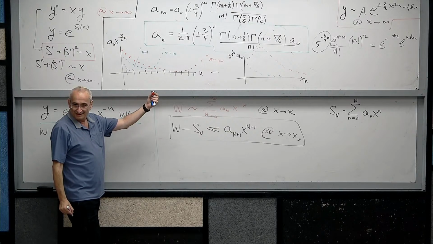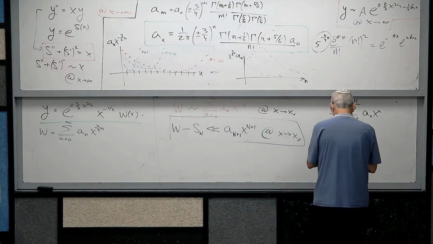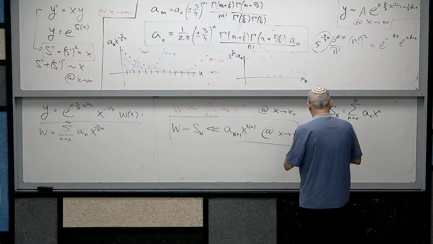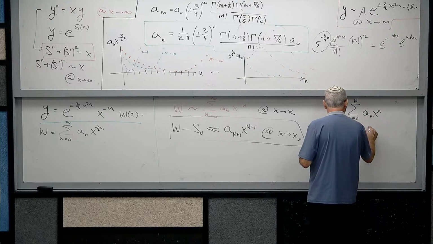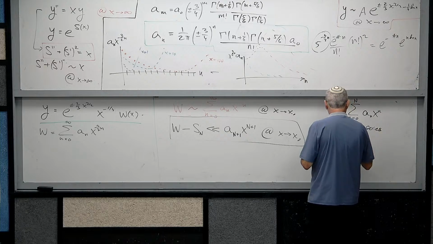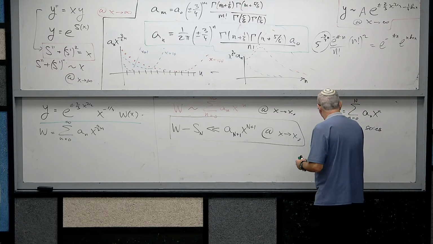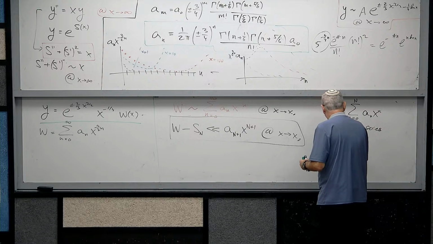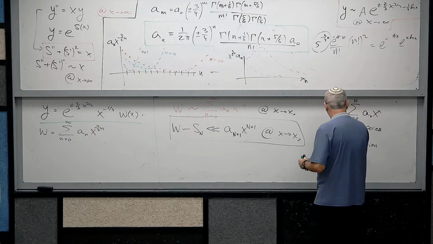You see? So the trick with asymptotic series, right? This is by definition an asymptotic series. And the trick is to use optimal truncation. See?